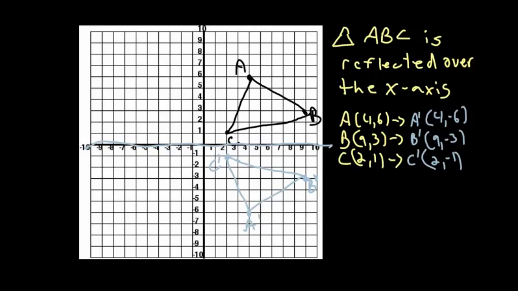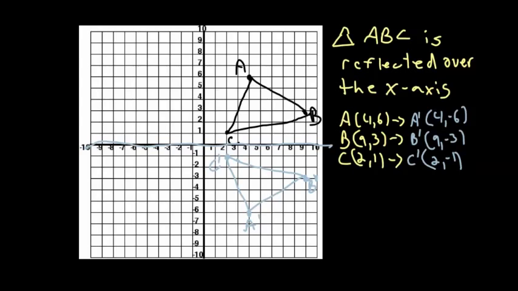So if you notice, all of our x values stayed the same. So A started at 4, A prime is at 4, B is at 9, B prime is at 9. What changed was our y value. So when we reflect across the x-axis, your y value changes.